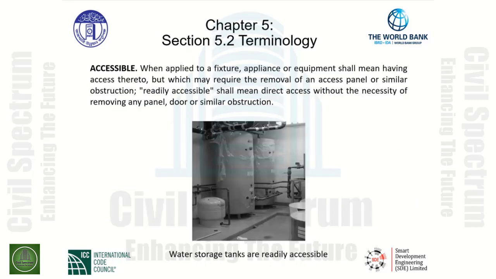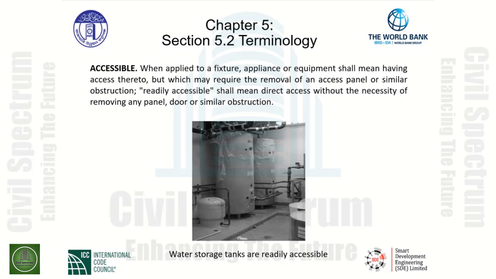The first term that we're going to look at is accessible. And the term accessible has some very specific language. It means when applied to a fixture, appliance, or equipment shall mean having access thereto, but which may require the removal of an access panel or similar obstruction.